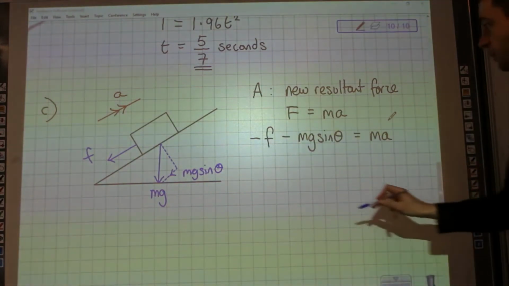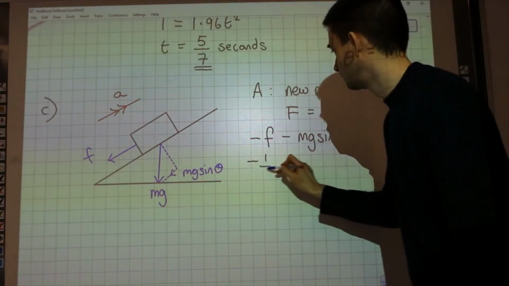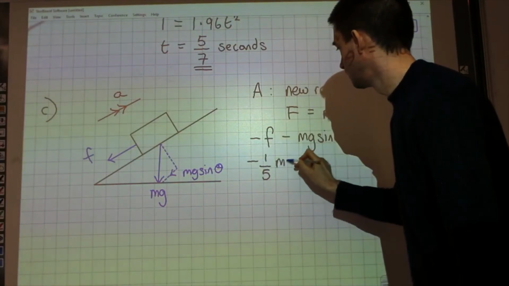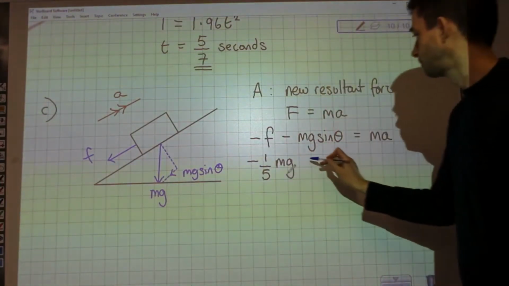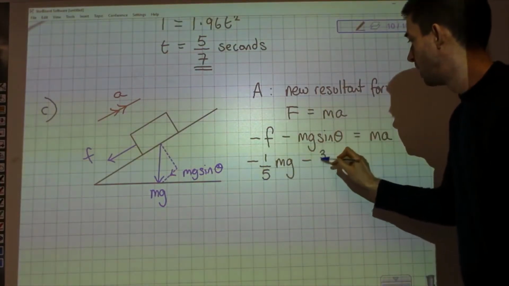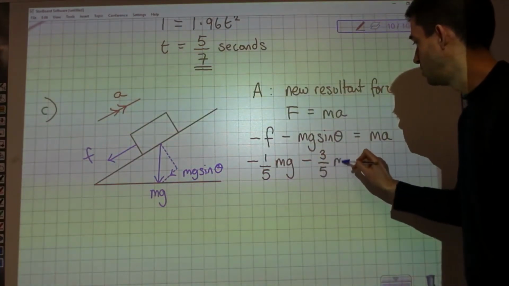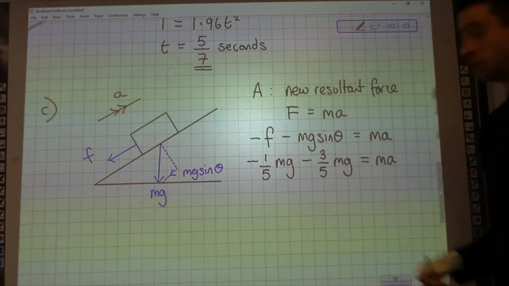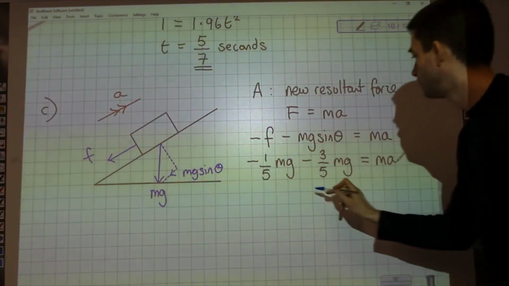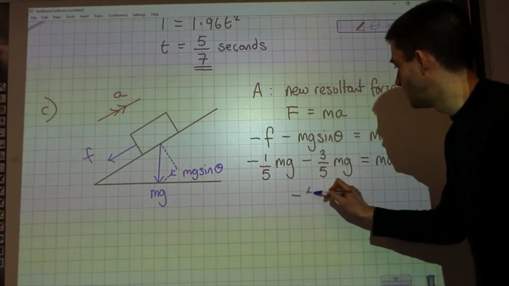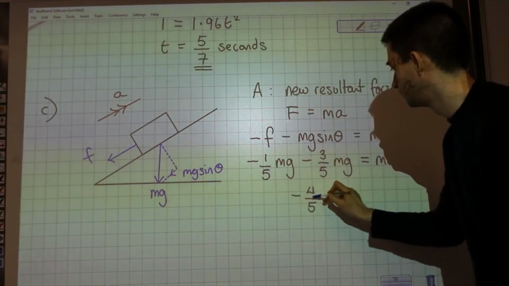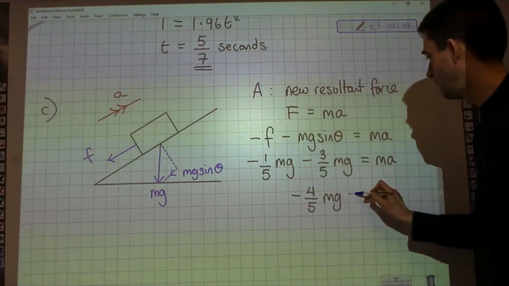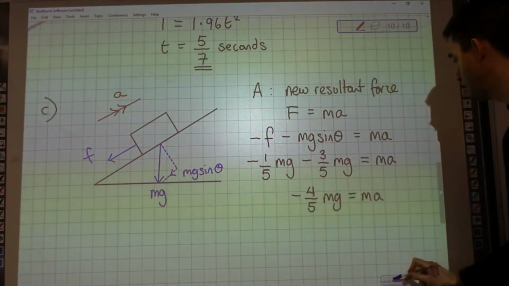So the frictional force is still 1/5 mg, and the weight component is still 3/5 mg, because sine theta is 3/5, that hasn't changed. So we now have negative 4/5 mg equals ma.